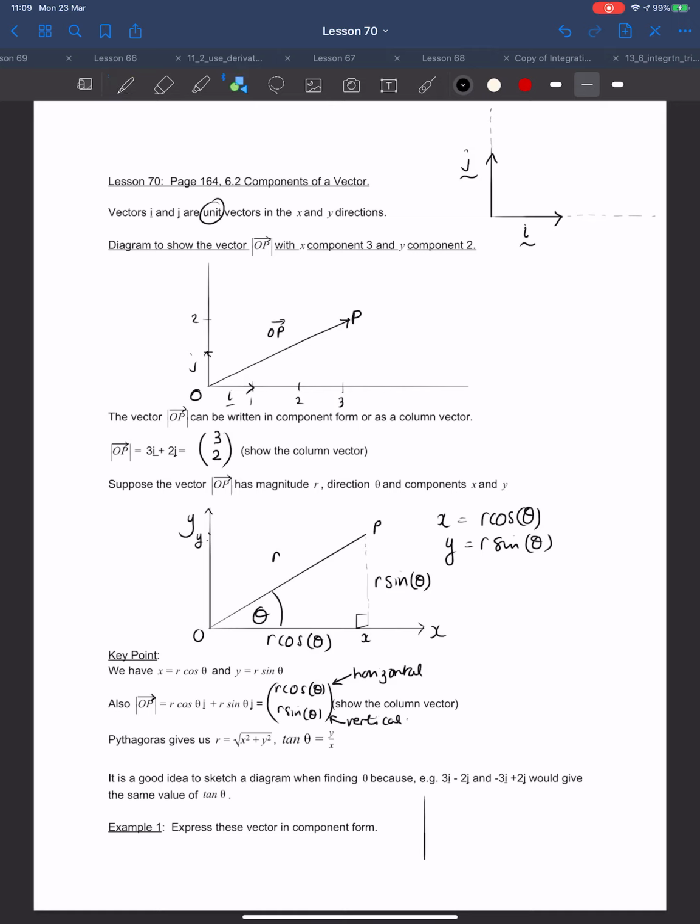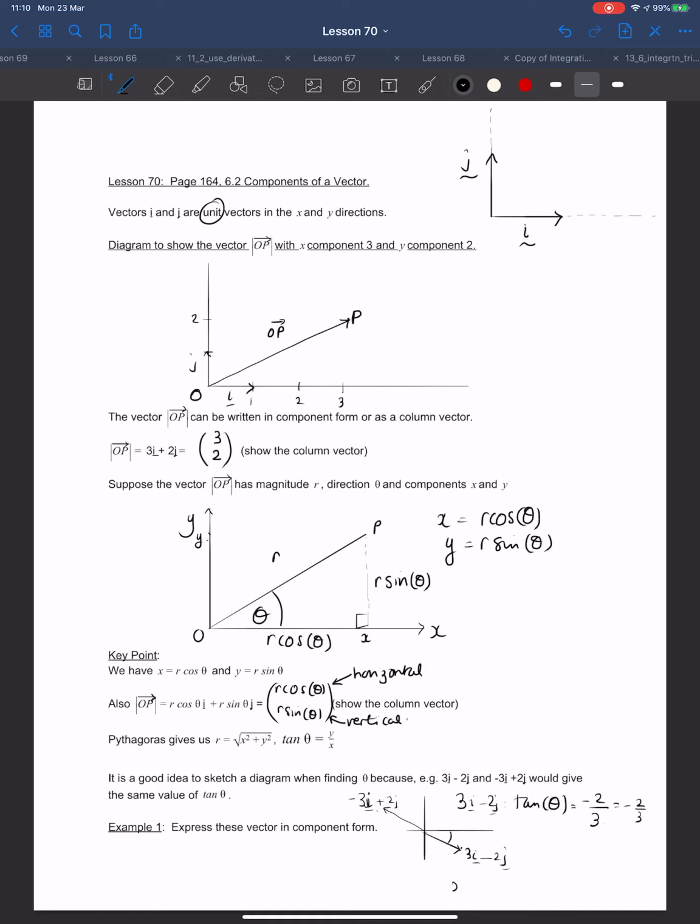If you've got 3i minus 2j there, and minus 3i plus 2j over there, the reason being tan theta for the first one, 3i minus 2j, is minus 2 over 3, which is minus 2/3.